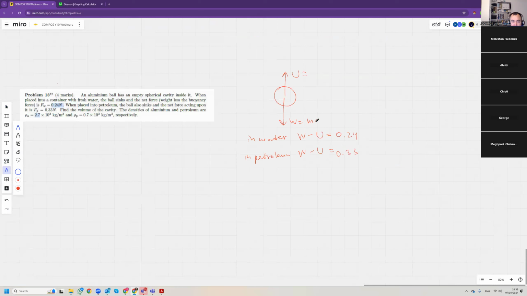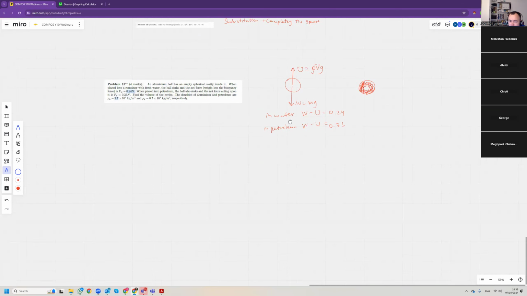So the weight is mass times gravity, and the upthrust is rho vg, right? So you calculate those and you substitute here, and then you solve for m, I guess. And once you find m, you can work out the volume of the metal because we know the density of aluminium, and that way you will be able to find the volume of the cavity. Hope that helps.